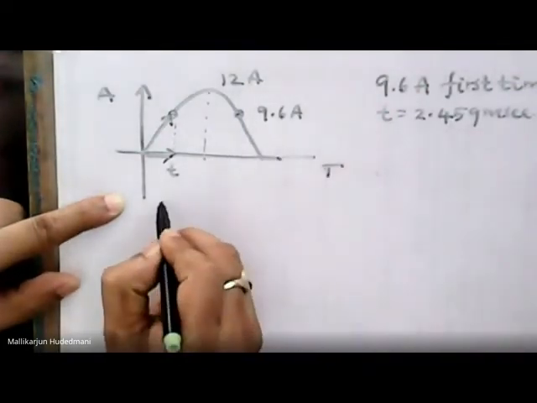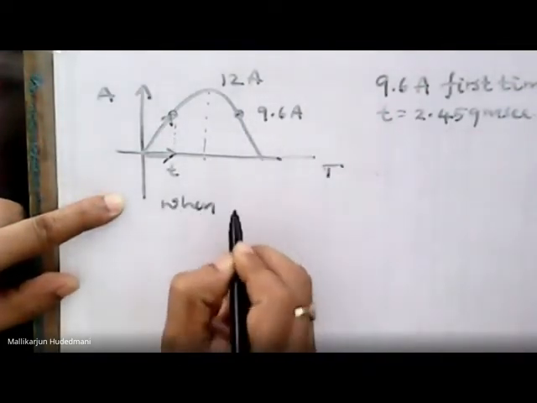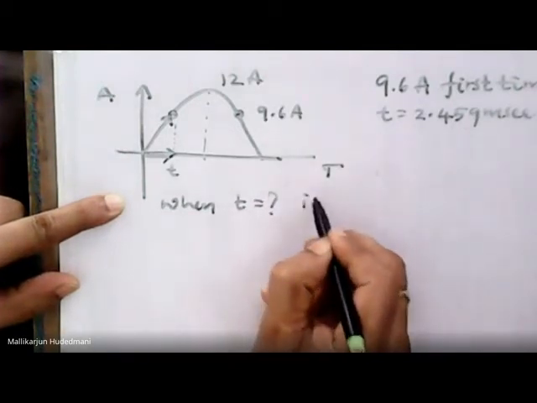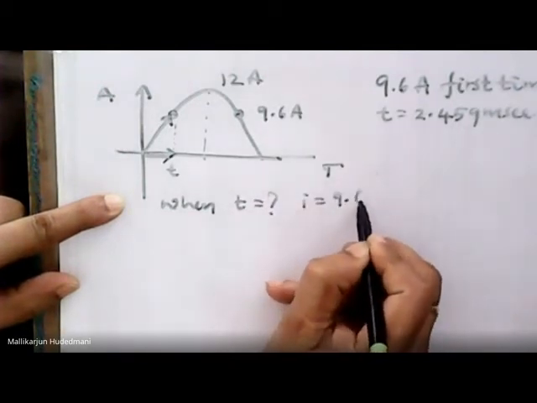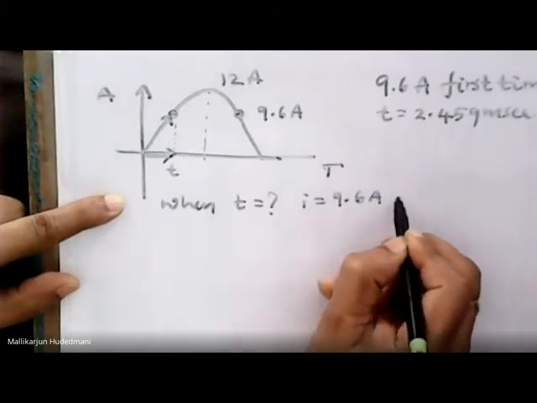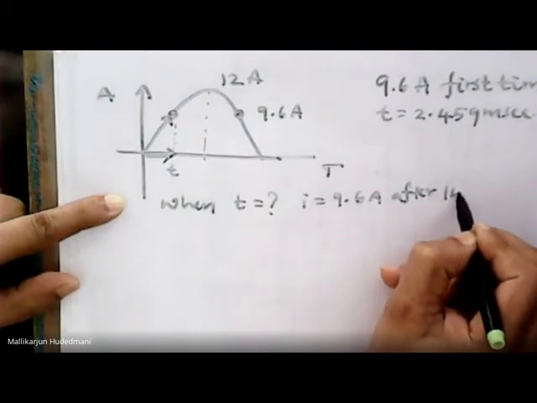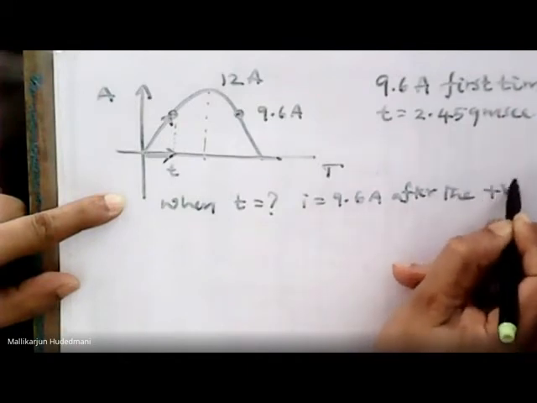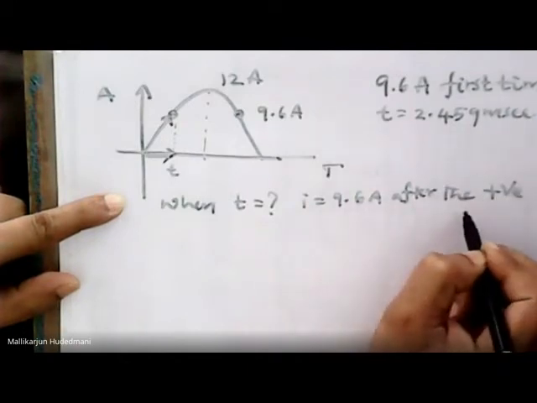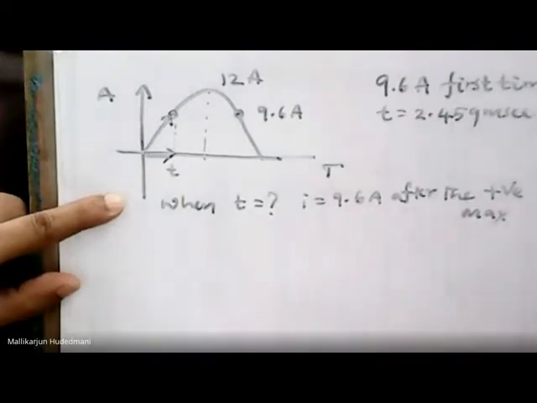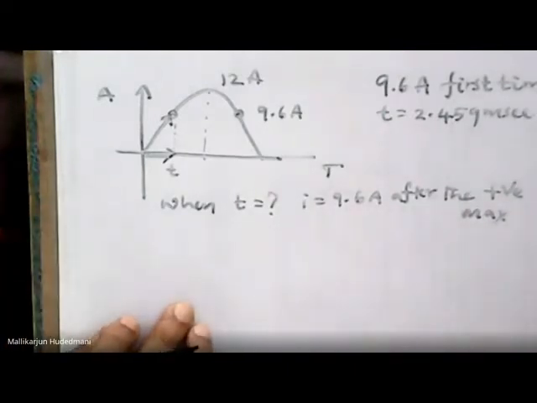Suppose when is that time? When is the time I equal to 9.6 ampere after, listen to me carefully, after the positive max. See the keyword: the value must be 9.6, but it should be viewed after the positive max.